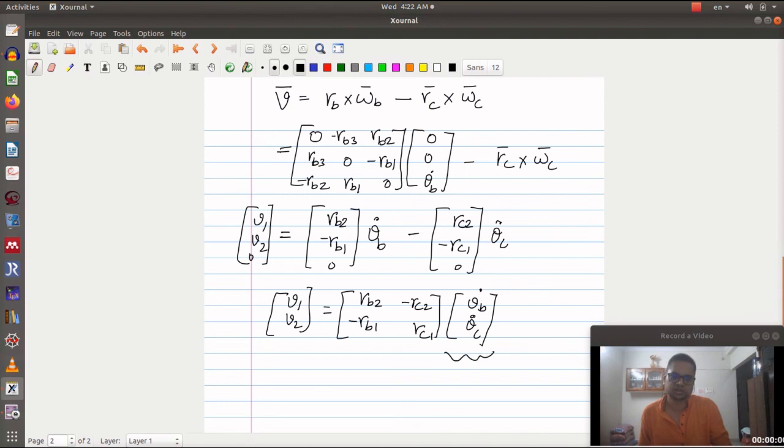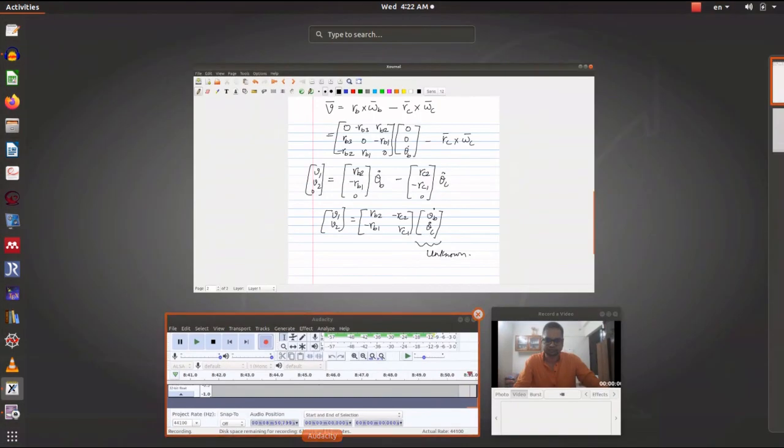This is simply a 2 by 2 inversion, and these are your unknowns. Invert the 2 by 2 matrix, and you will be able to find the dependent angular velocities. Once you know this, you can determine the velocity of BC. Okay.